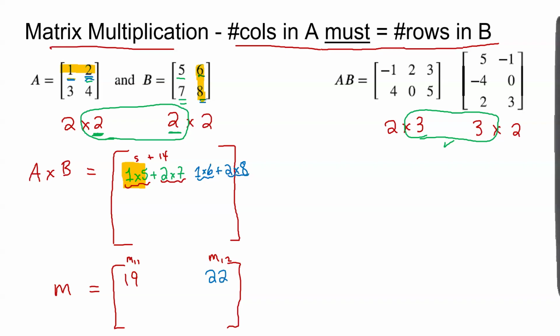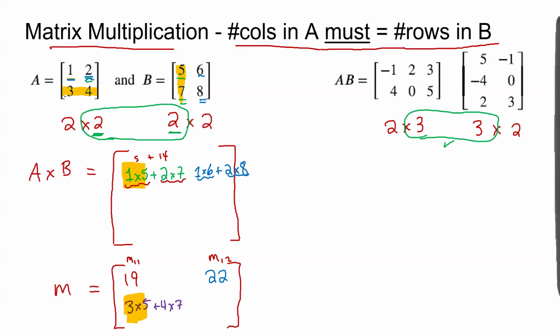And now I have to move on and go to the second row and the first column. So we'll come in right here, and I'm going to do the second row times the first column and put it in the second row, first column. And then eventually we'll do the second row times the second column and put it over here. But let's see what that one looks like. Here I would have a 3 times 5 plus 4 times 7.